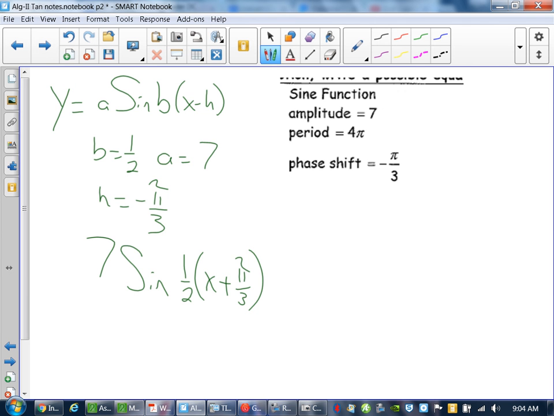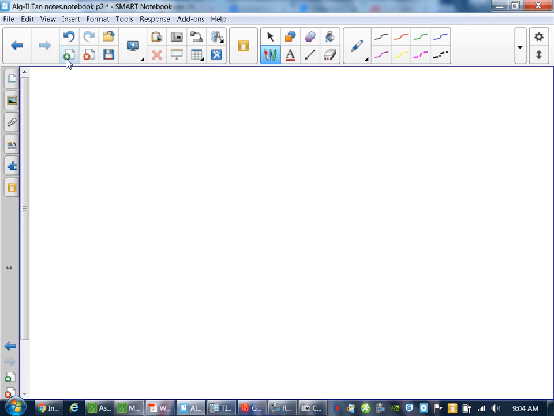So what was that one again? It's y equals 4 tangent of alpha over 2 x, theta, plus 2 pi over 3, and then minus 2.